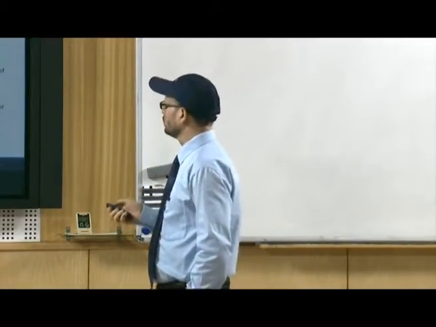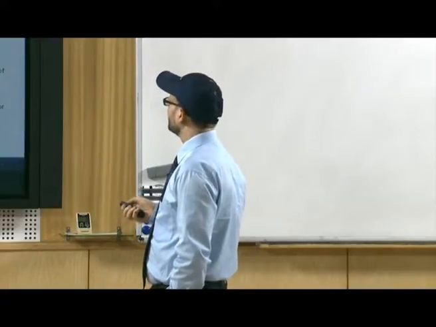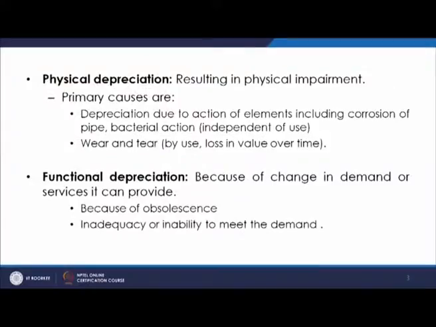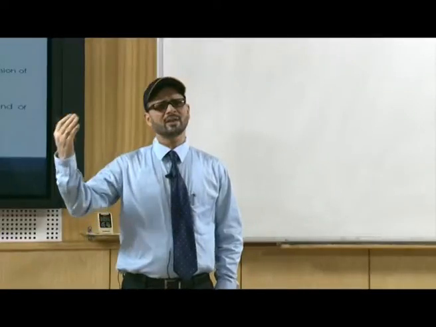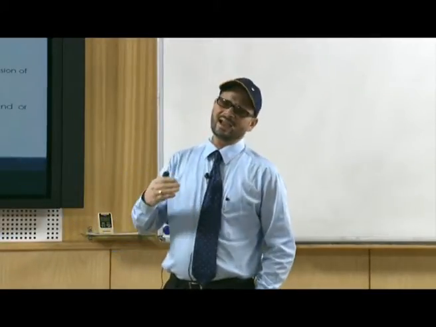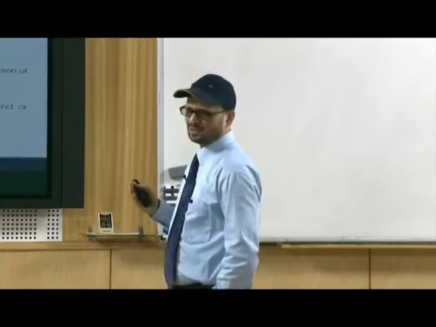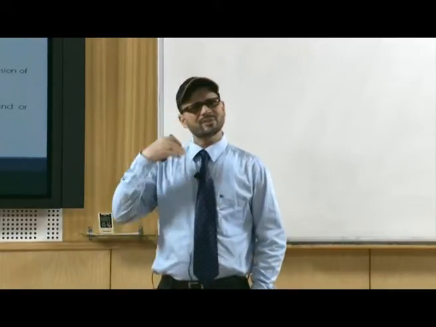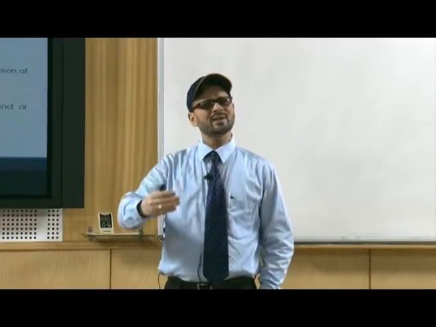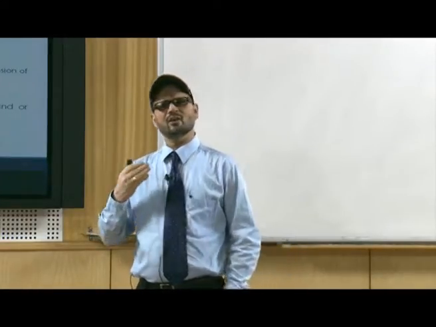Because it is the physical impairment of the asset, the reason is the action of the elements, including corrosion of pipe and bacterial action. Sometimes we do not use some materials, we keep them in the atmosphere, and there will be rusting or corrosion. Even if we do not use it, physically there is impairment of the property of the material.